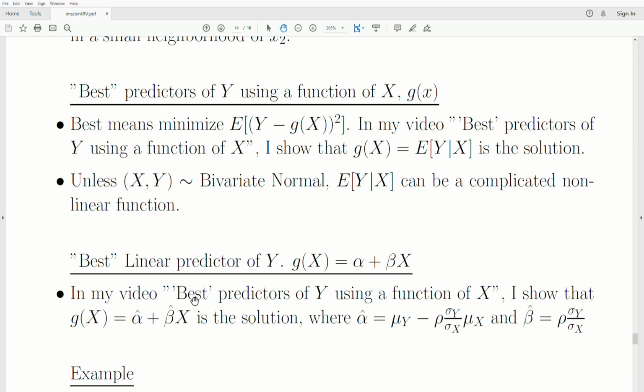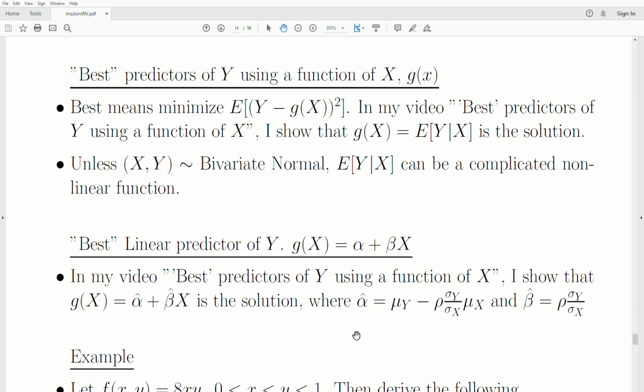And again, in that same video, I show that the solution to this, and show means I take partial derivatives and solve it, is that alpha is this: the mean of Y minus the correlation of X and Y times the ratio of the standard deviations times the mean of X. The beta is the correlation between X and Y times the ratio of the standard deviations.